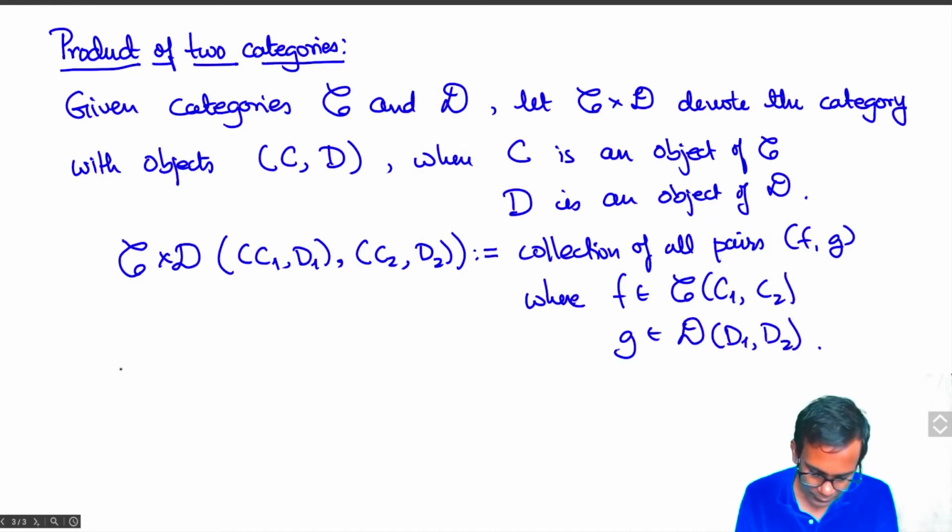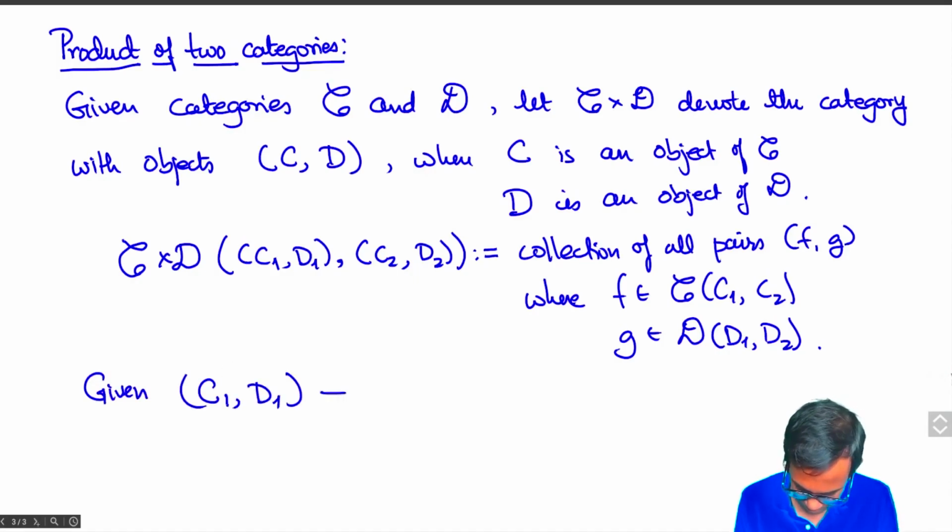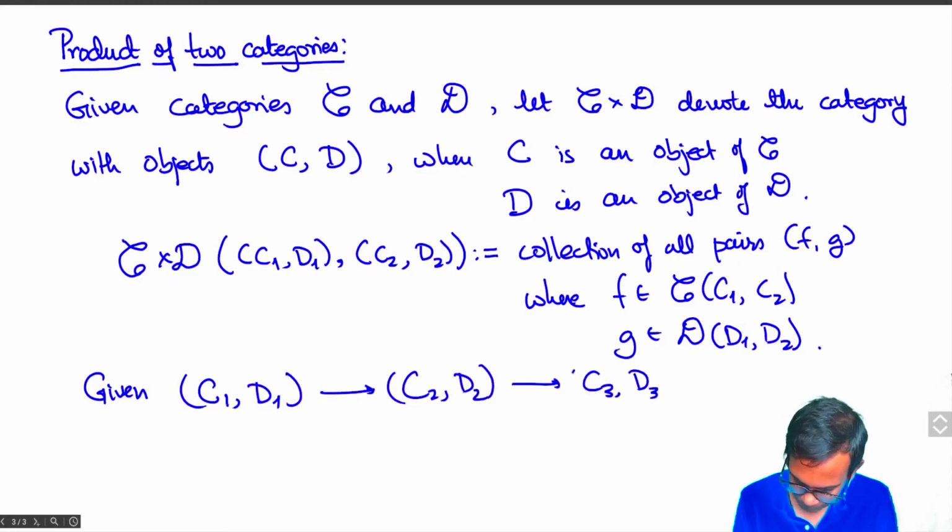And then given arrows, suppose we have (C1, D1) to (C2, D2) and then to (C3, D3), and here we have say (F1, G1) and (F2, G2).